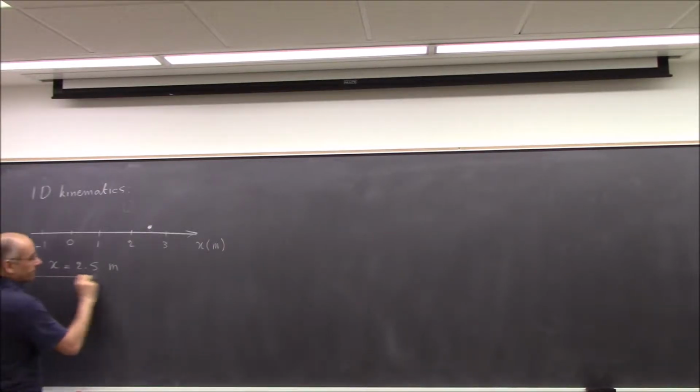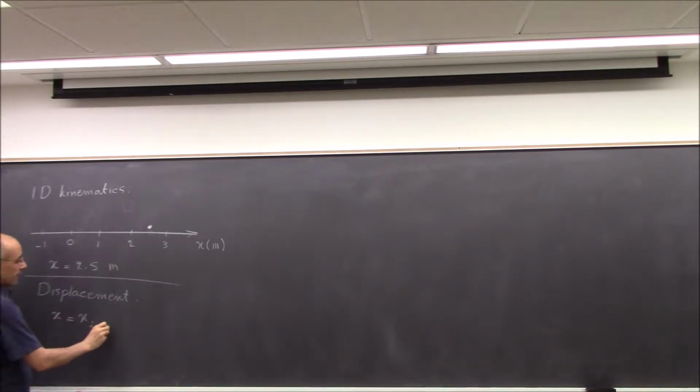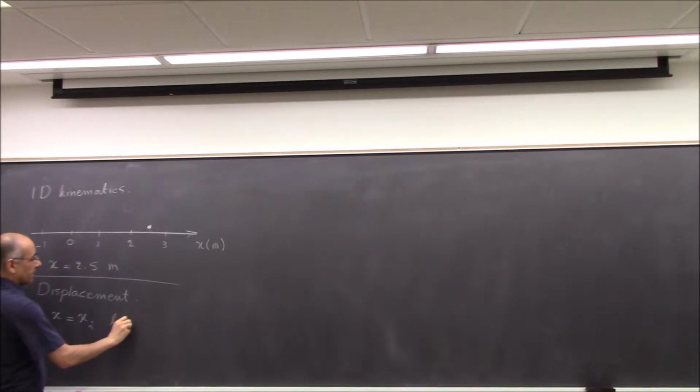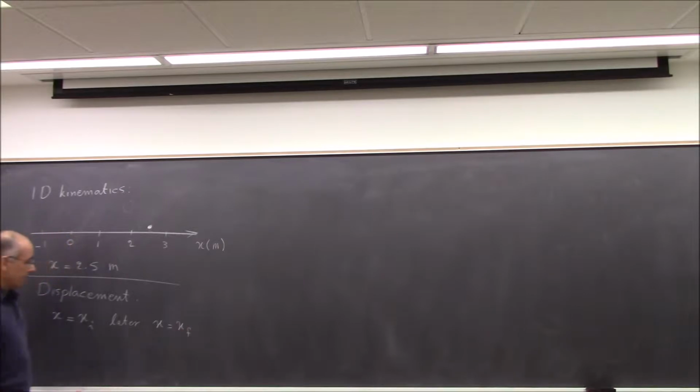And then we define displacement. Displacement from one point to another: if x is equal to x initial, and then later x is equal to x final, then displacement, denoted by delta x, is defined by x final minus x initial.